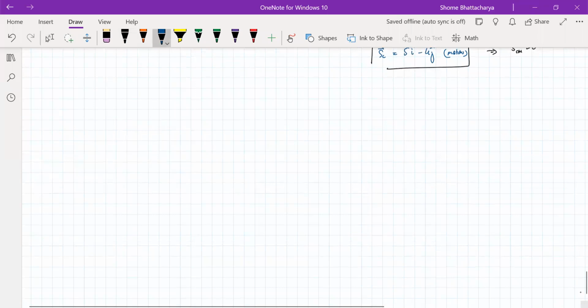Now, in that regard, let us continue to the next definition: velocity of the center of mass. So could you please hold up?